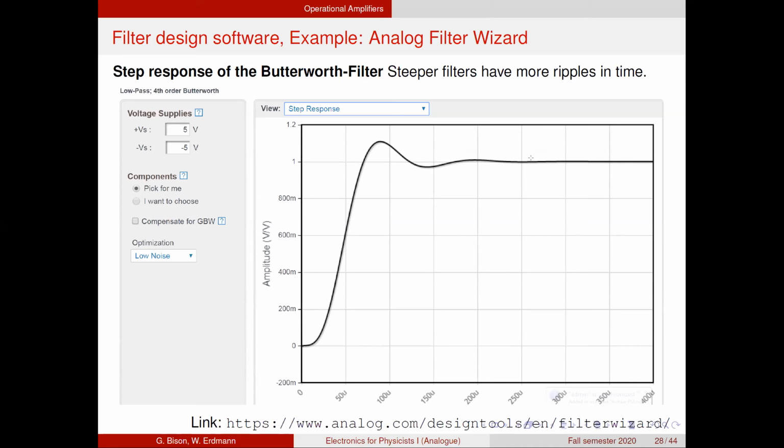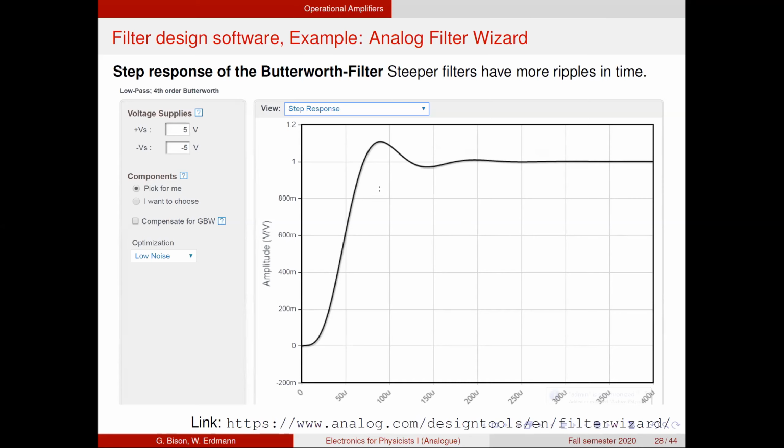And the steeper the filter is, the more such ripples you will see. This is simply a fact that a steep function in the frequency domain, if you Fourier transform that, always produces something that has ripples here in the time domain.